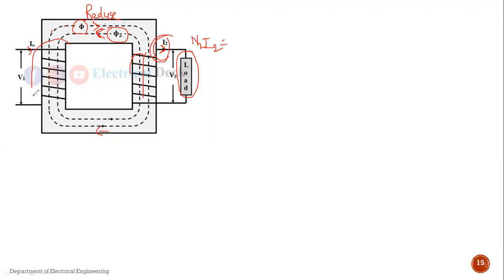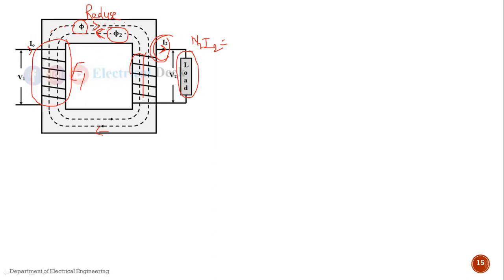याच्यामधले जर resultant flux reduce झाले, so due to the reduction in the flux, the induced EMF in the primary winding is also reduced. It is shown in this figure. या figure मध्ये दाखवलेलं आहे बघा. All of you, understand step by step, so that you can easily understand.